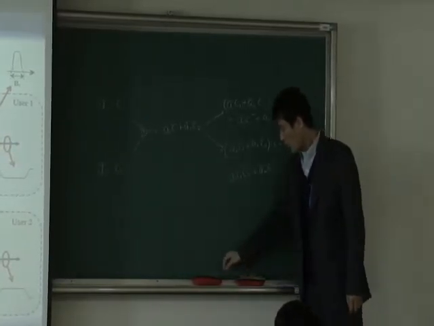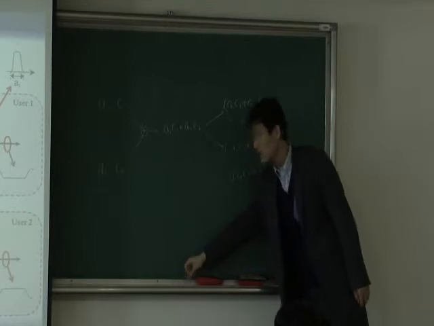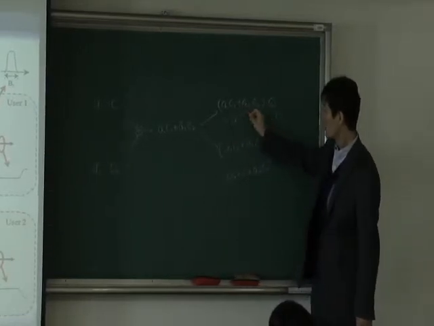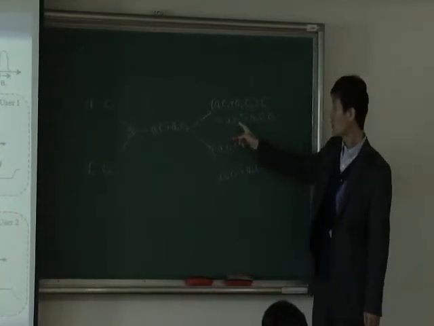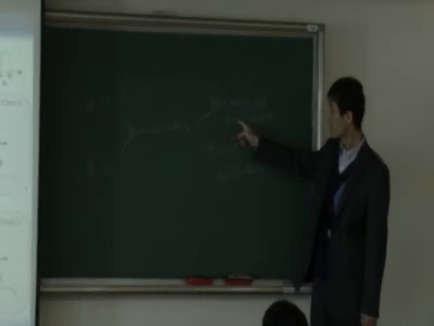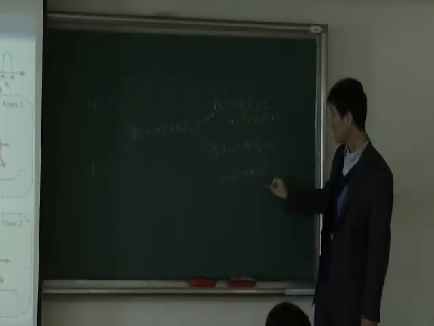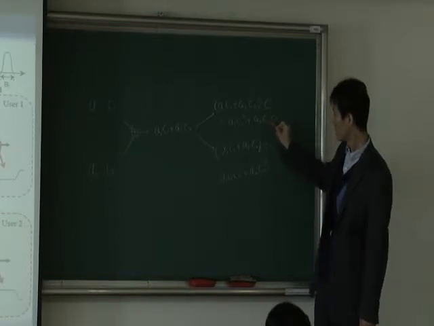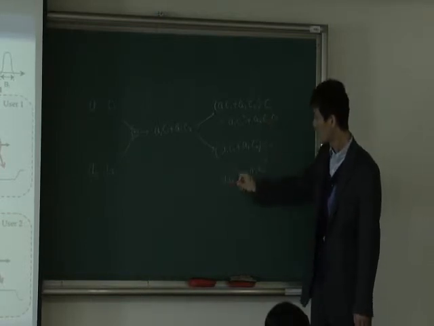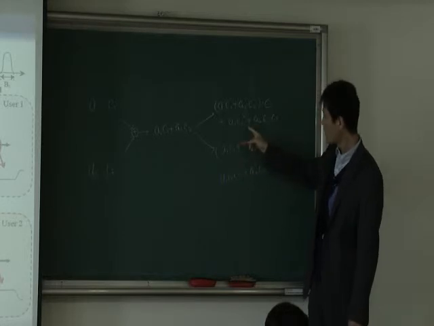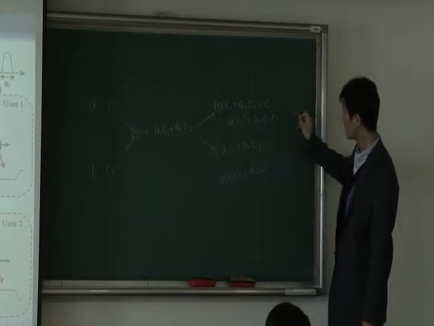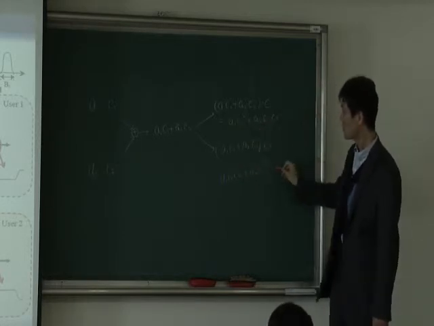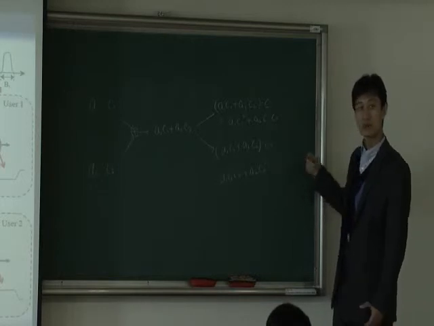What we want eventually is that C1 times C1, the square, becomes 1. In the same way, this becomes 1. This becomes 0. This becomes 0. That way, this whole thing becomes A1, and this whole thing becomes A2. That's what we want.